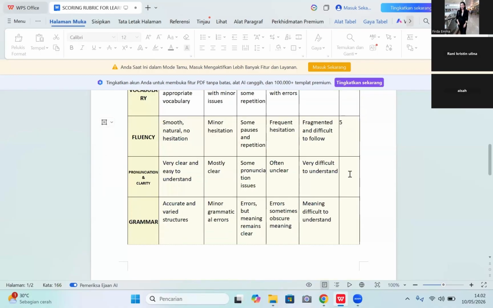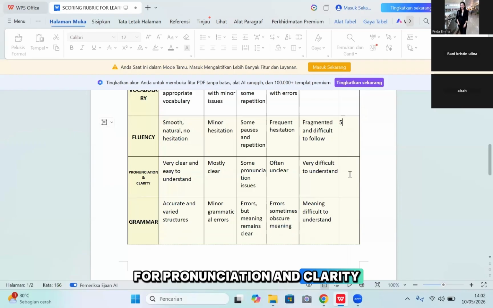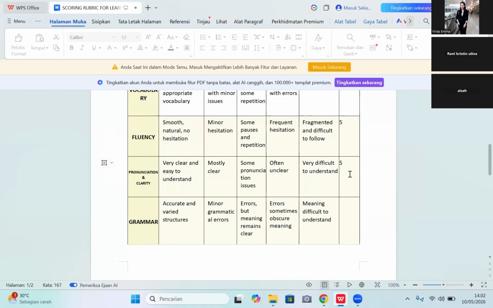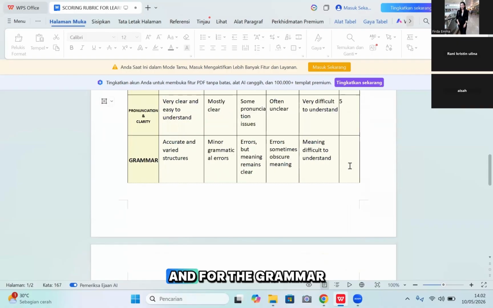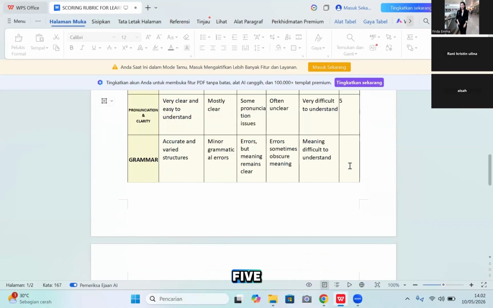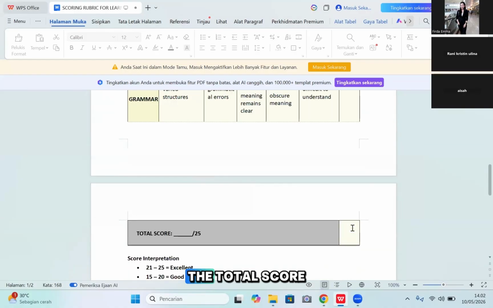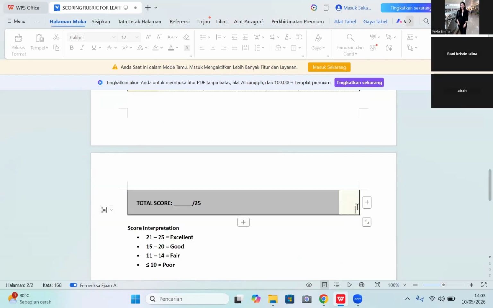And for pronunciation and clarity, I give score 5 because it is very clear and easy to understand. And for grammar, score 5 too, because the structure is accurate and varied. And the total score is 25. And thank you.